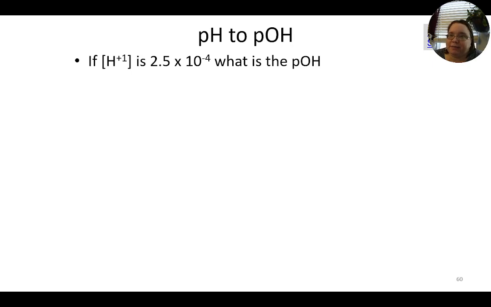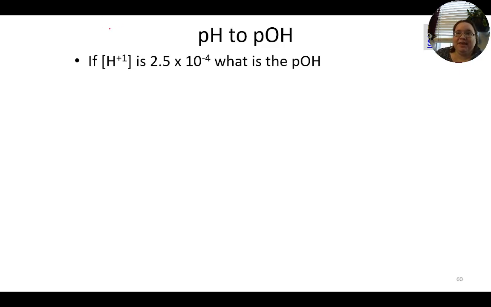So first example, I am giving you the hydrogen ion concentration, and I want to know what is the pOH. There's not one equation that will allow me to get from H plus to pOH. So what I do is I look at my formulas, I look at my equations to see what I can use.